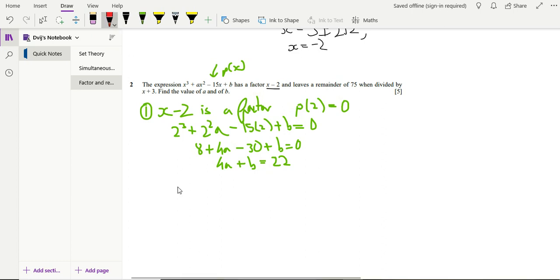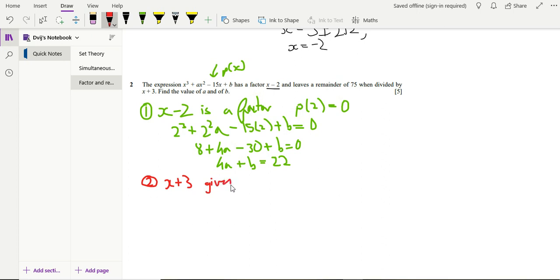So what we want to do now, let's use the red pen, is work out the second equation. We know that when p of x is divided by x plus 3, we get a remainder of 75.